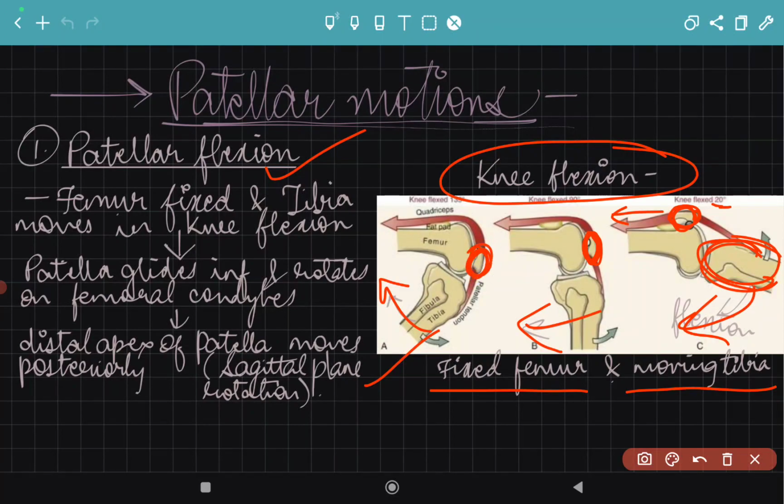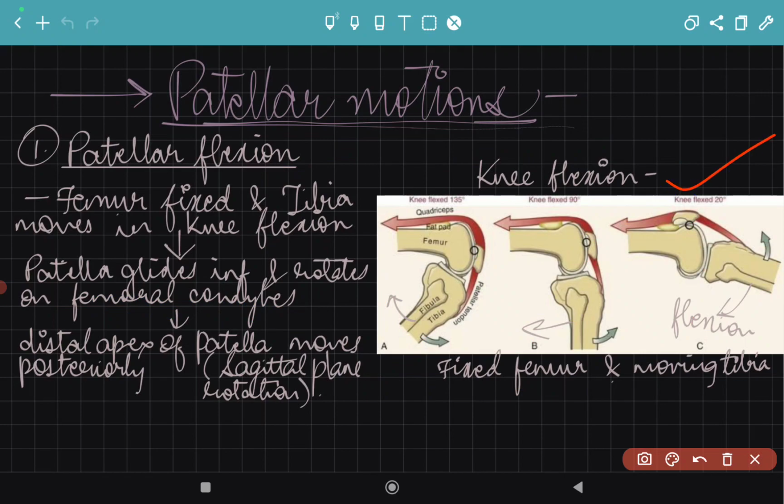So when the femur is fixed and the tibia is moving in knee flexion, the patella will glide inferiorly and rotate on the femoral condyles, as can be seen in this diagram. Suppose this is the lateral side of the patella.